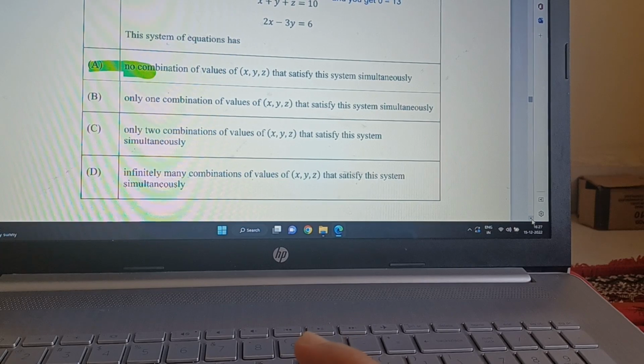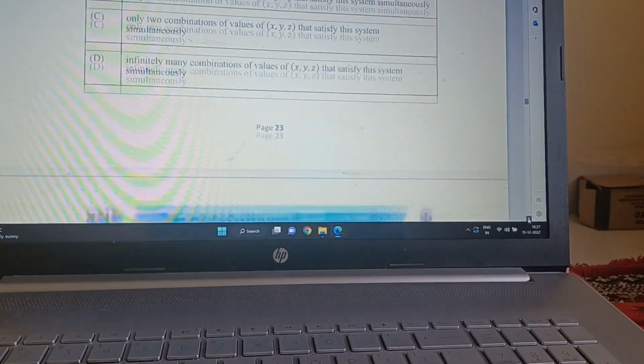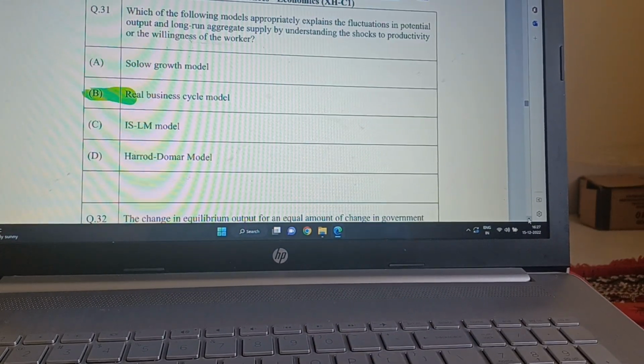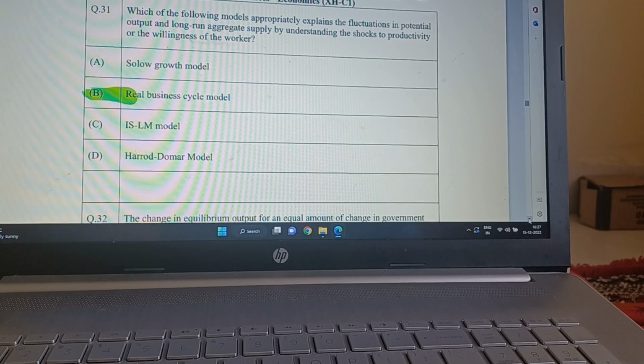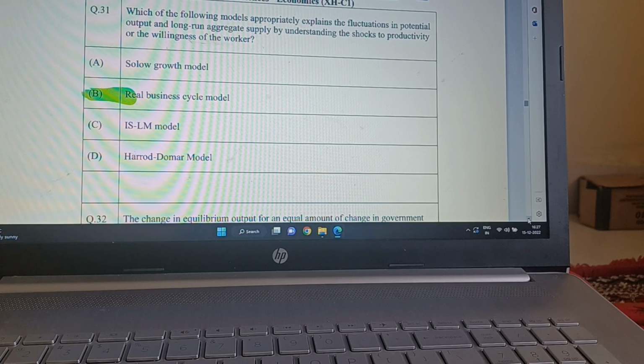Now I go to the next question, and that reads: which of the following models appropriately explains the fluctuations in potential output and long run aggregate supply by understanding the shocks to productivity or the willingness of the workers?